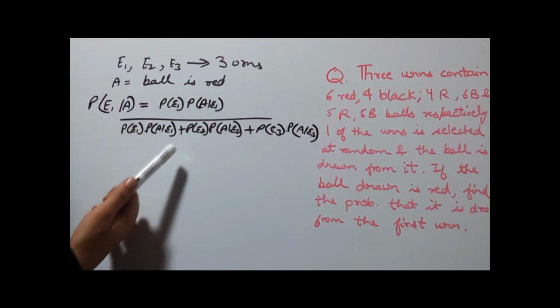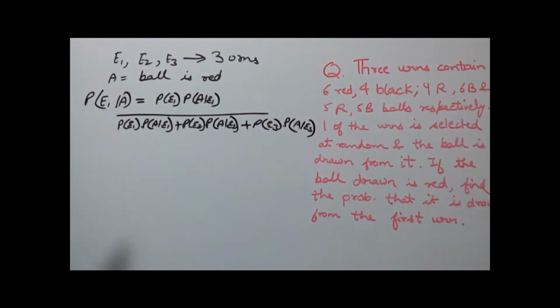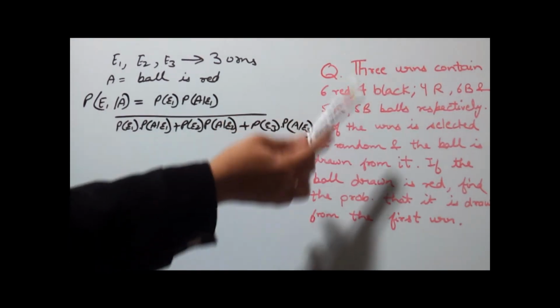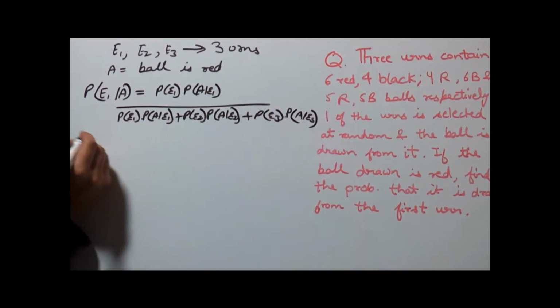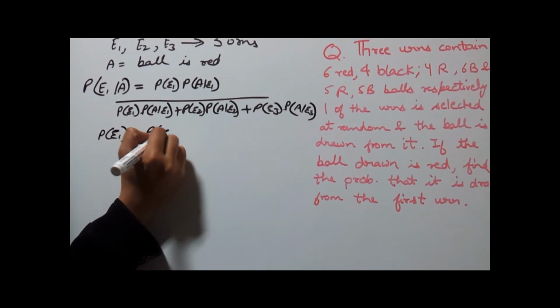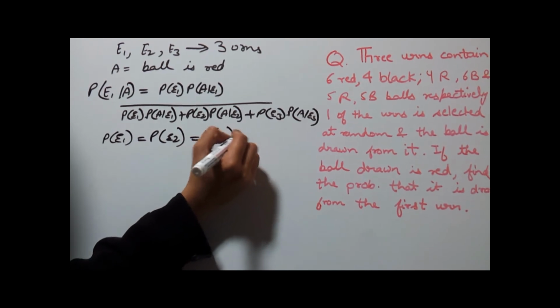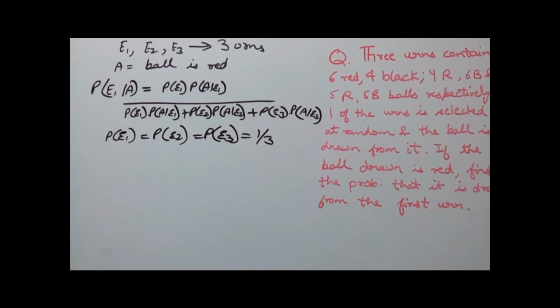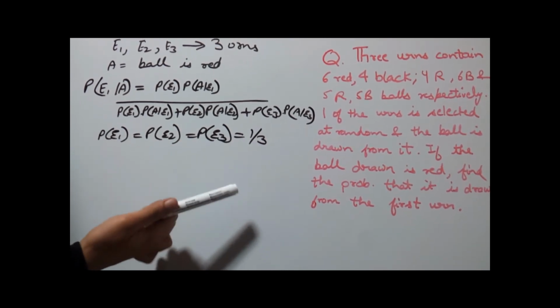Calculating the values of these probabilities, probability of E1, E2 and E3 would be equal, since there are only 3 urns and chances of picking any of the urns are equal. So probability of E1 equals probability of E2, which equals probability of E3, which is equal to 1 by 3, because in total there are 3 urns and we are picking any one of them.